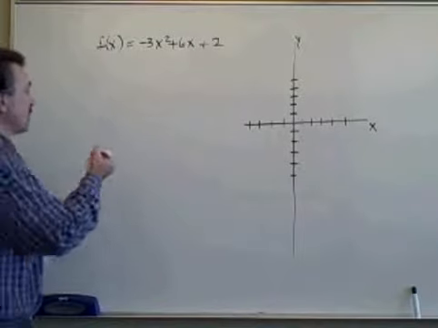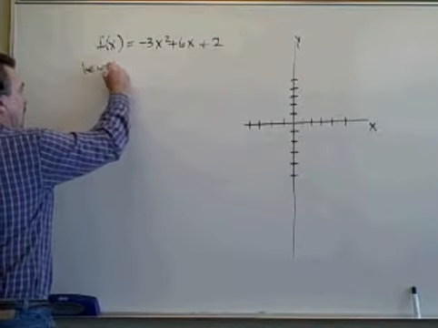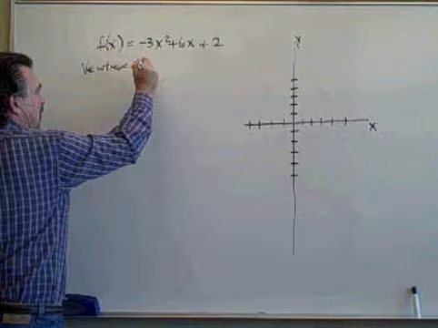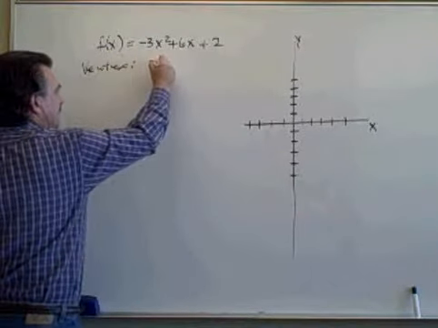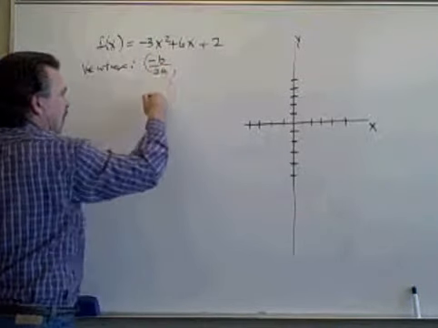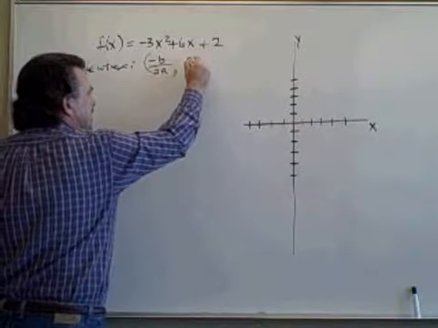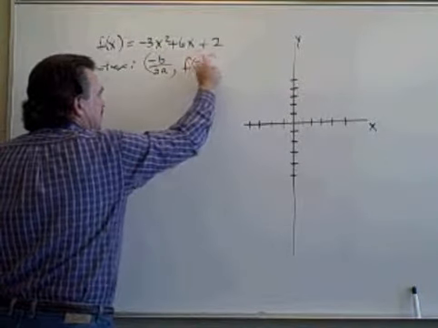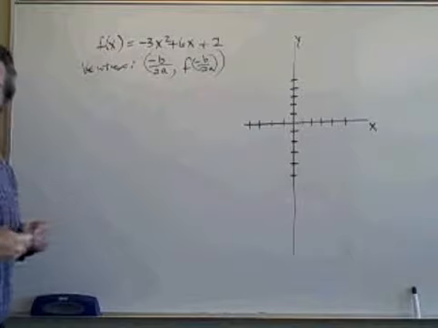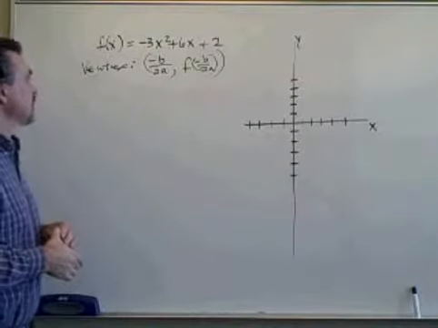And remember, the vertex of the parabola is found by first finding the x value, which is negative b over 2a, then taking that value, evaluating the function in order to get the y value of the vertex.